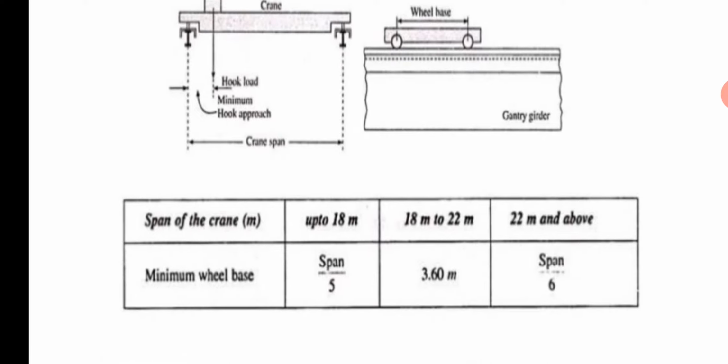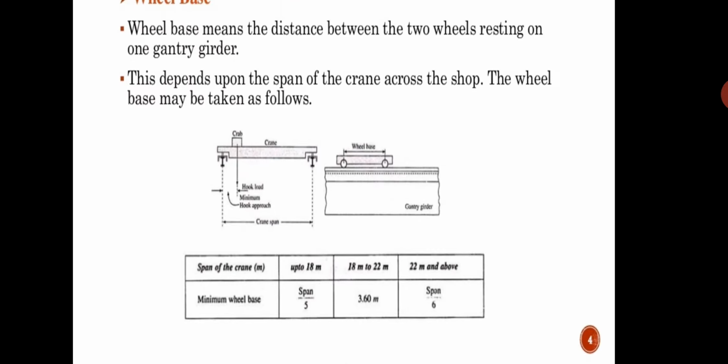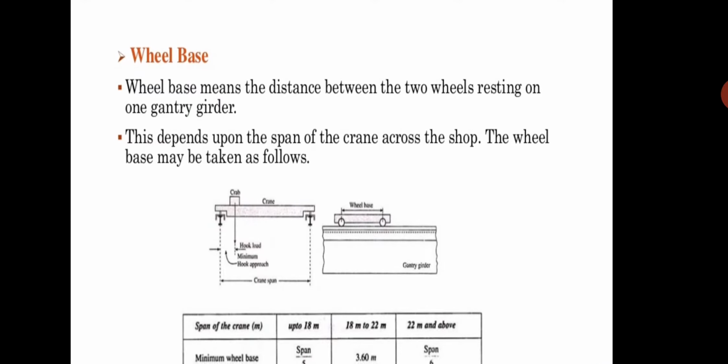As per the maximum wheelbase: up to 8 meter span, span by 3; 8 to 12 meter, it should be 3.6 meter; and above 12 meter, span by 6. So these three criteria are covered according to the span of the crane girder, which decides the wheelbase.